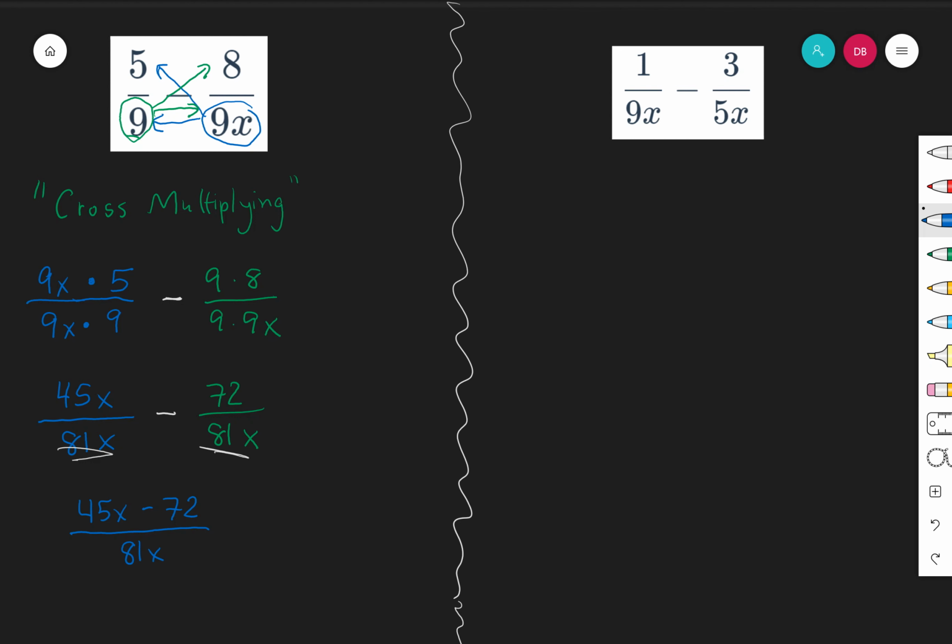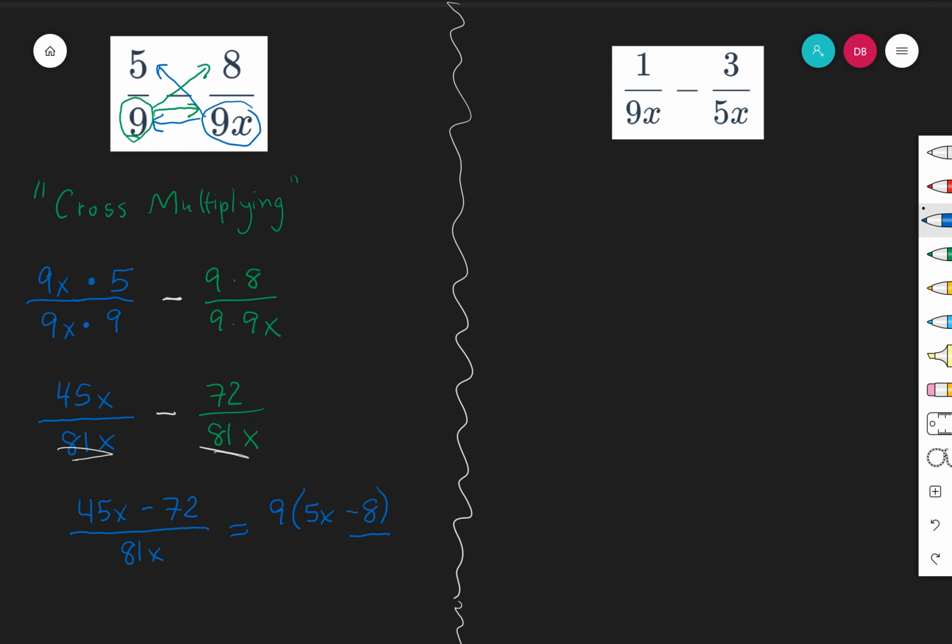divided by 81x. The thing here is I probably want to see if I can simplify this, because these are pretty big numbers, 45, 72, 81. In my head, I know that they're all divisible by 9. So I'm going to factor out a 9 on the top, and I'm going to be left with 5x minus 8.